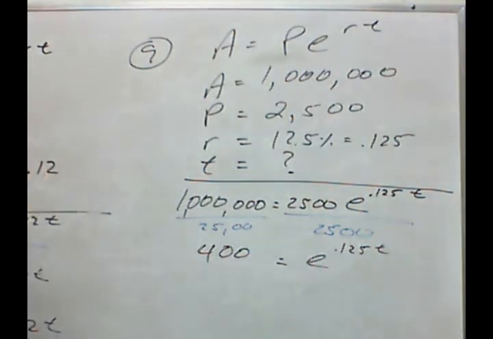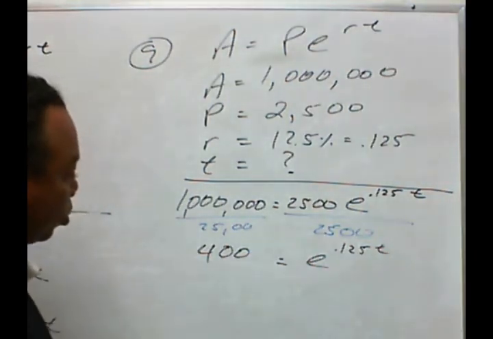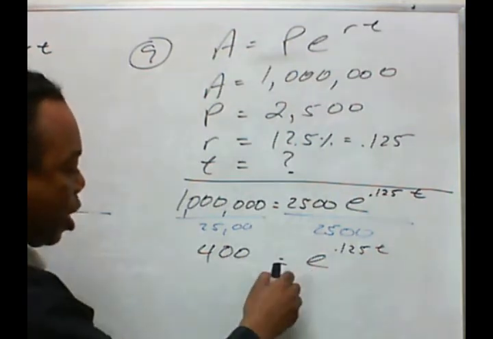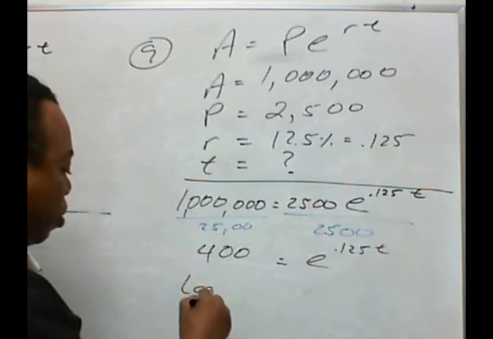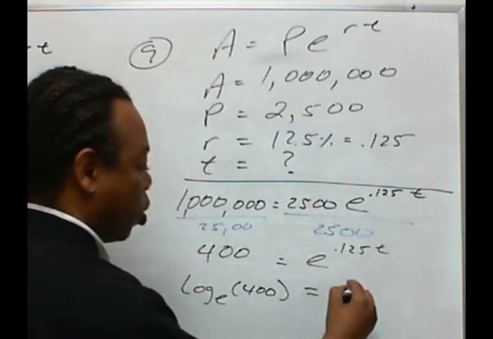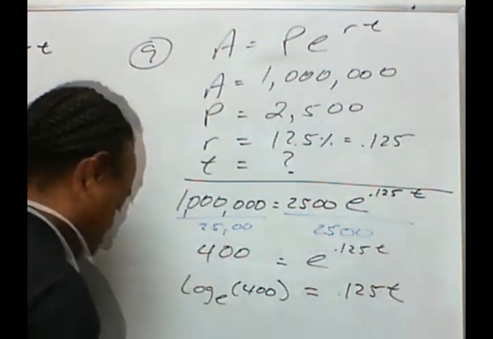Okay, now from here, I'm going to get rid of the e by converting this into log base e of 400 equals 0.125T.